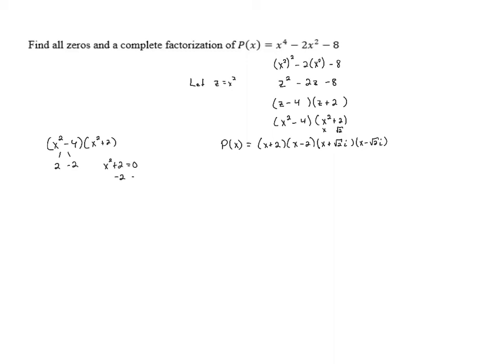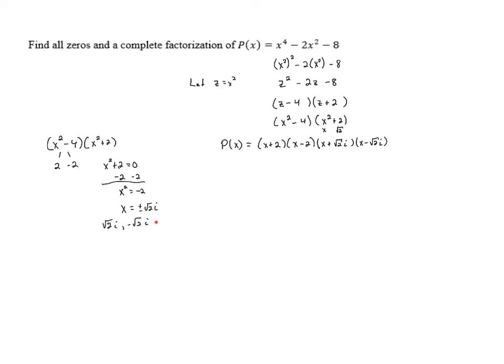If we subtract 2 from both sides, this gives us x squared equals negative 2. And using the square root property, we end up with x equals plus or minus root 2i. So the zeros we have here are root 2i and negative root 2i.